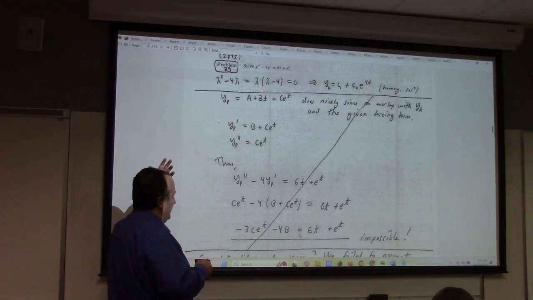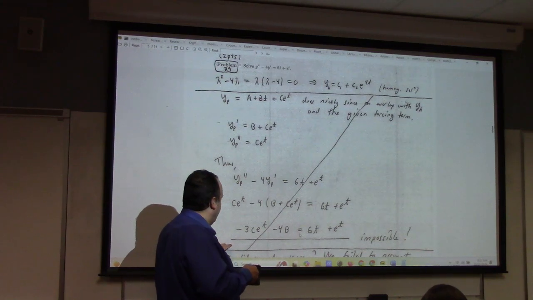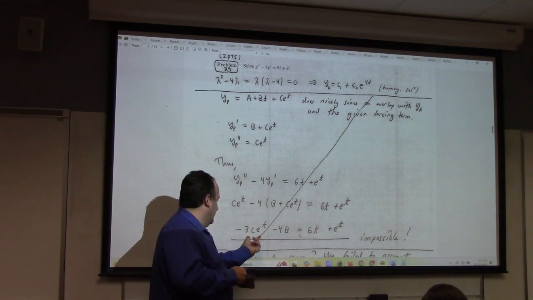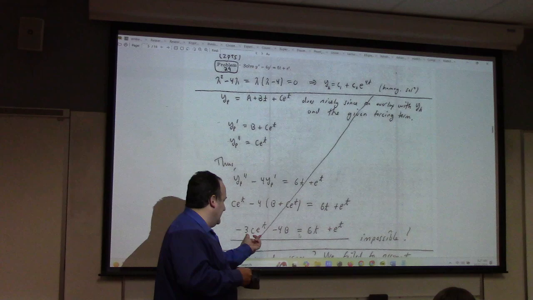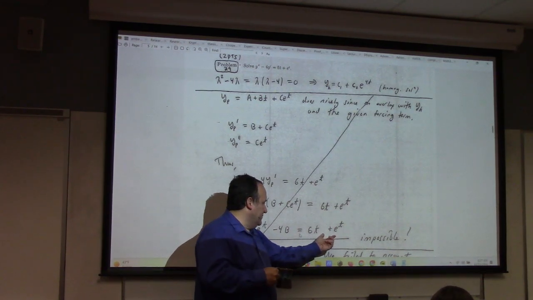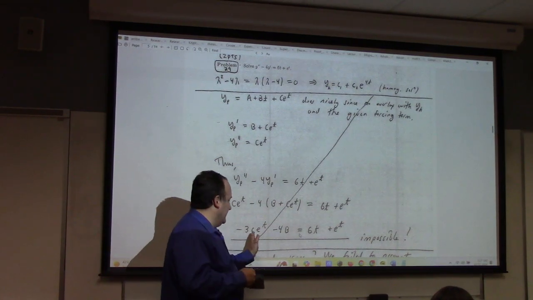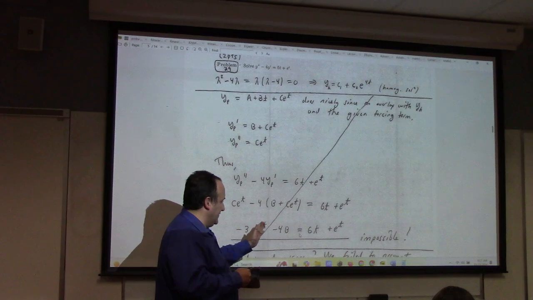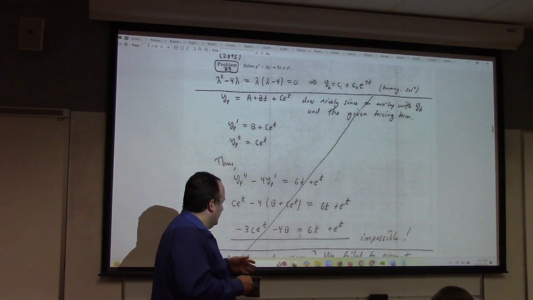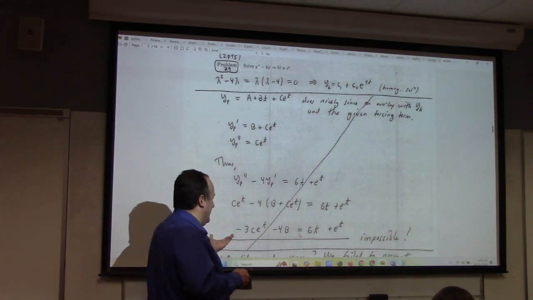Differentiate again, plug it in, and I find myself faced with 3 minus 3c e to the t minus 4b equals 6t plus, but I can't achieve that, right? Because if I equate coefficients of t on both sides, I've got 0 equals 6. That's not good, right? That's impossible.